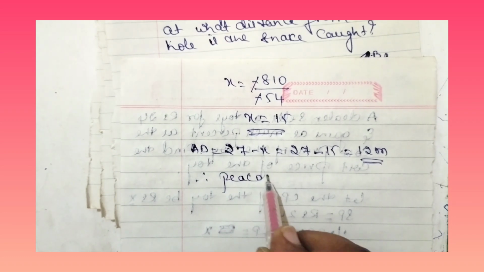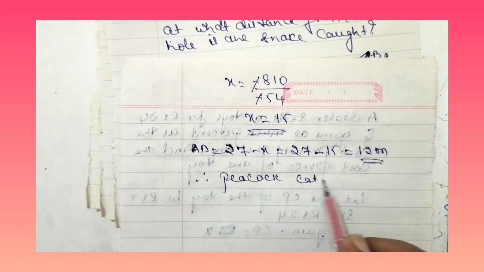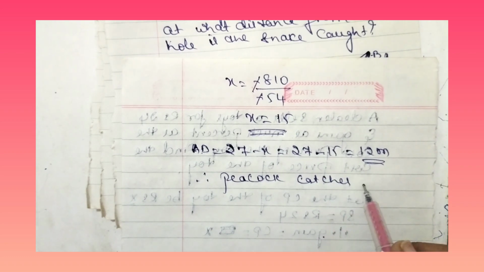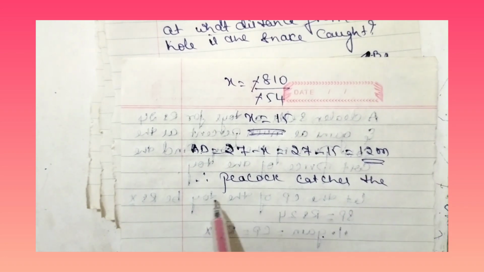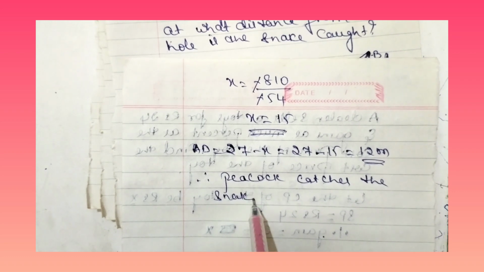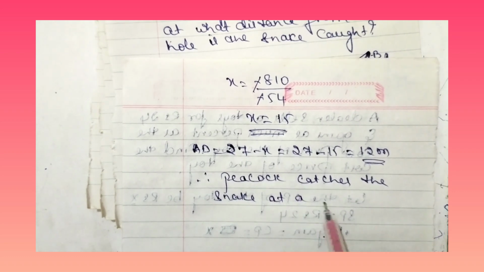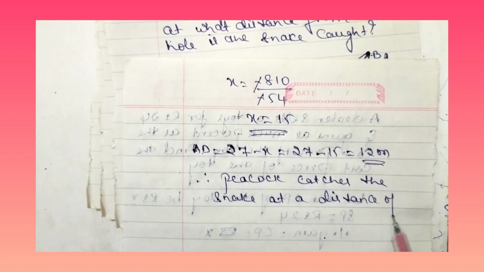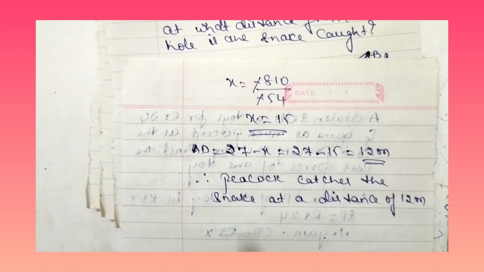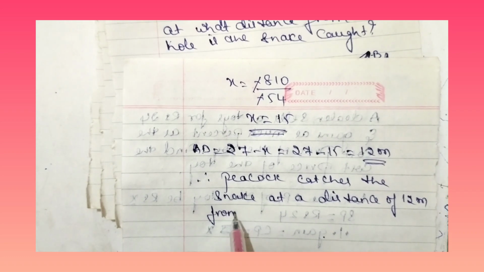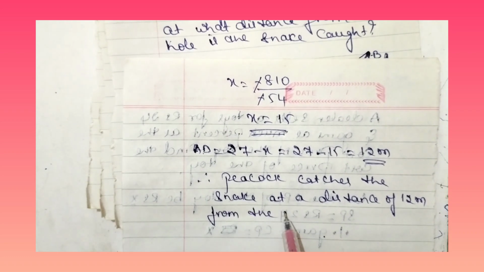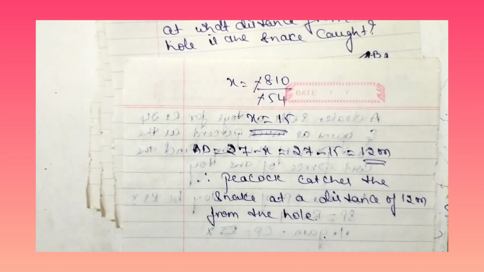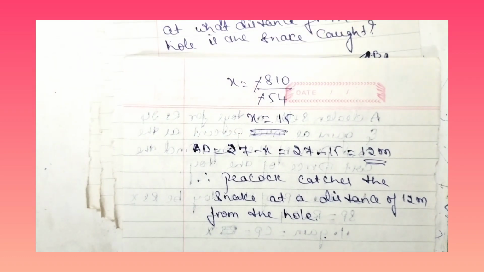Therefore peacock catches the snake at a distance of 12 meter from the hole. So hole ನಿಂದ 12 ಮೀಟರ್ ದೂರದಲ್ಲಿ, so the peacock will catch the snake.